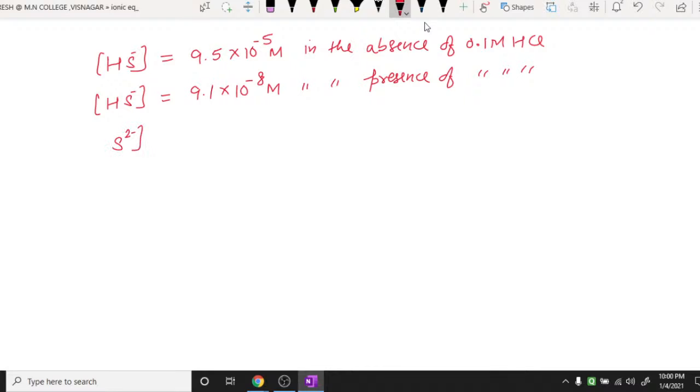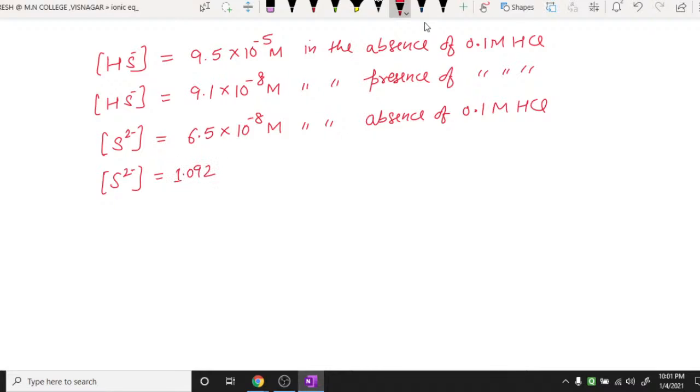Now come to S2 negative ion concentration. So S2 negative ion concentration is equal to 6.5 into 10 raised to power minus 8 molar in the absence of 0.1 molar HCl, and same S2 negative ion concentration is equal to 1.092 into 10 raised power minus 19 molar in the presence of 0.1 molar HCl. That's it.